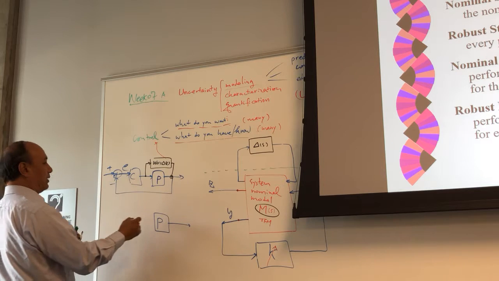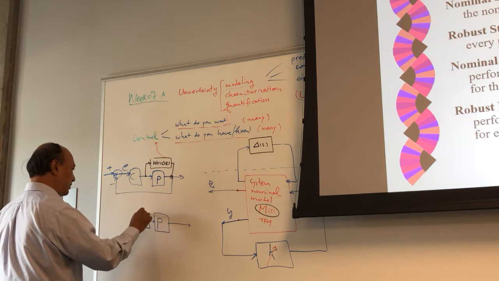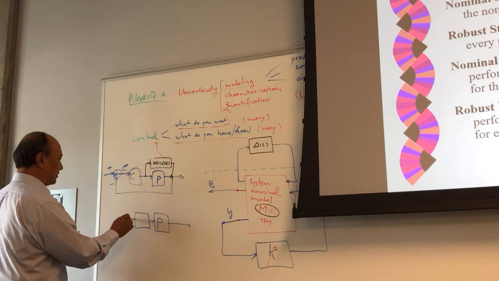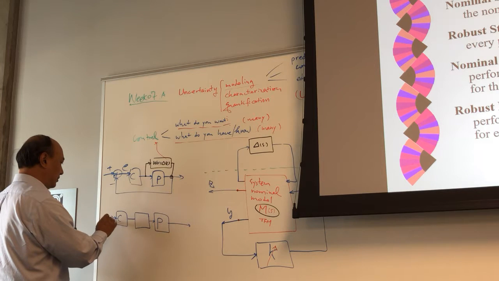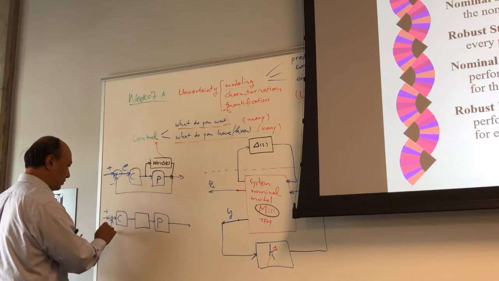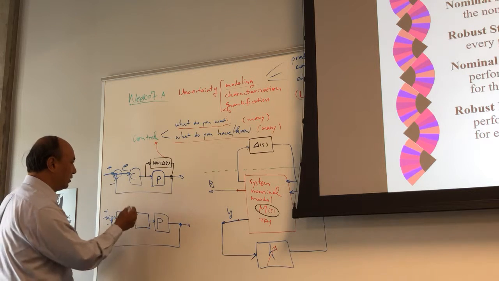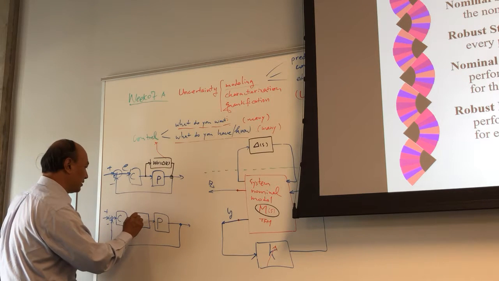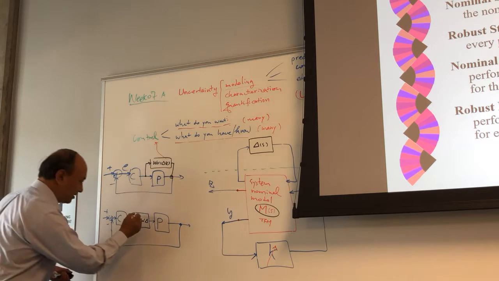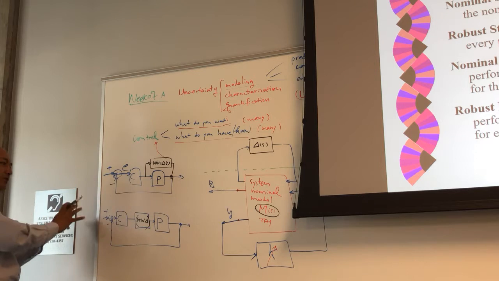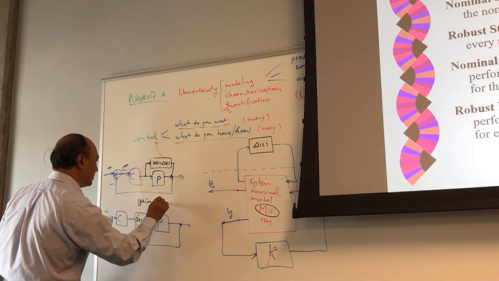You can pull out the P. So then you have something here, okay? So this one is I plus W delta, okay?